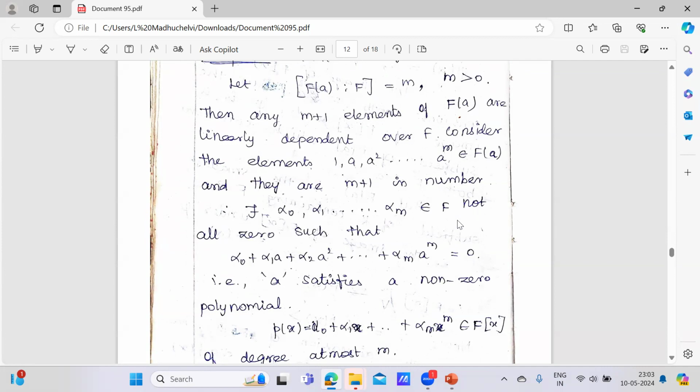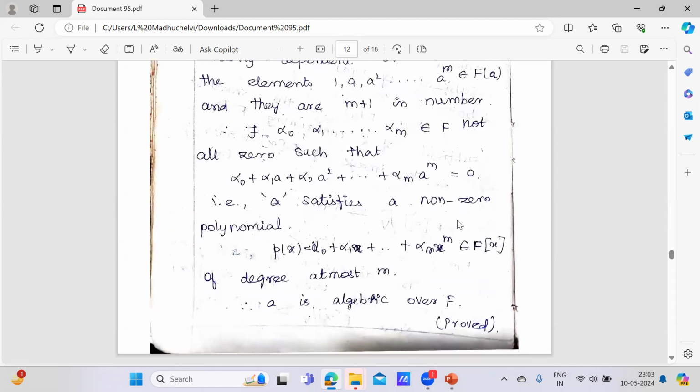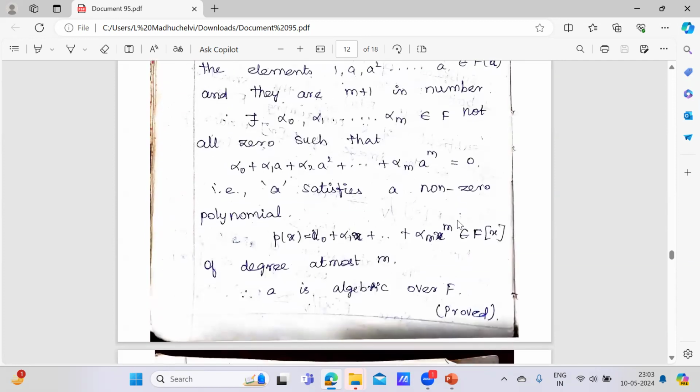So let us consider the elements 1, a, a squared, etc., a power m belonging to F(a), and they are m plus 1 in number. Therefore, there exist alpha 0, alpha 1, etc., alpha m belonging to F, not all 0, such that alpha 0 plus alpha 1 a plus alpha 2 a squared plus etc. plus alpha m a power m equals 0.